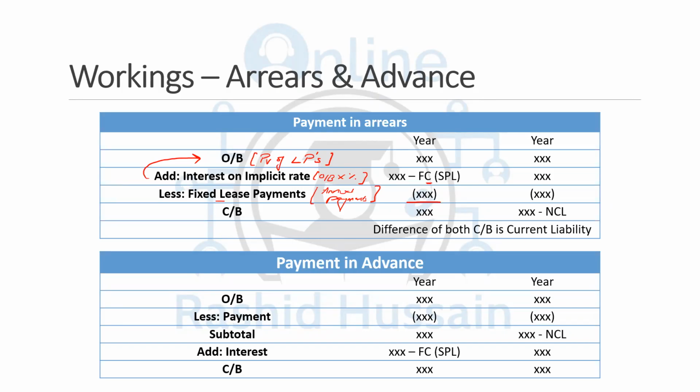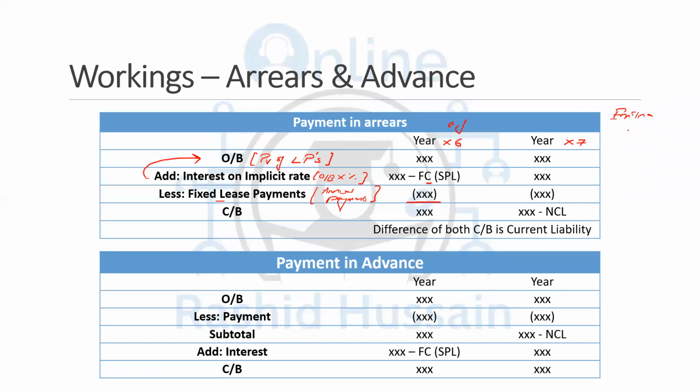So in order to split the liability between current and non-current, we are supposed to do an extra working for a year. Let's assume the exam question is asking you about X6, for example; then you are supposed to do the working of X7 as well. Extra working. Remember this.